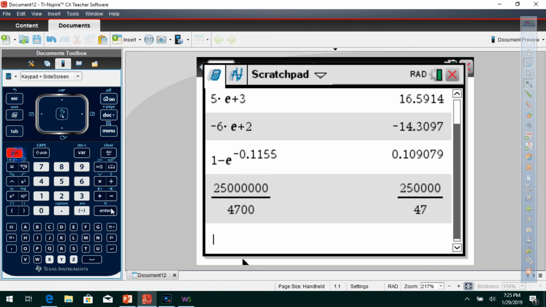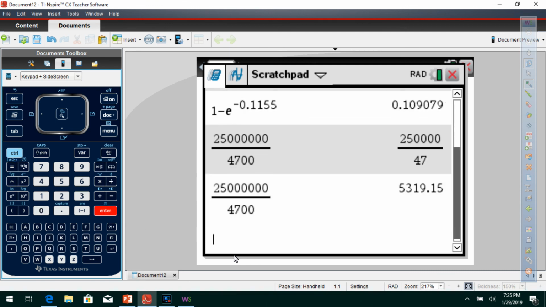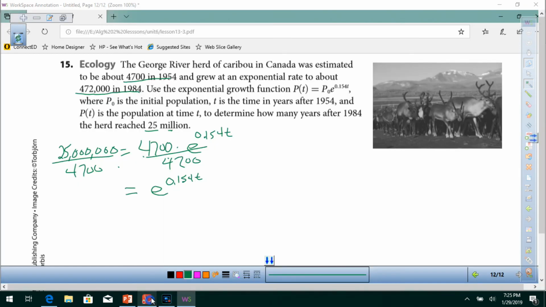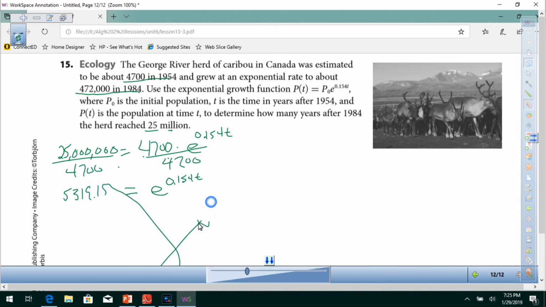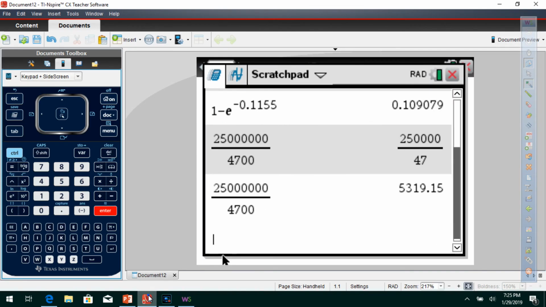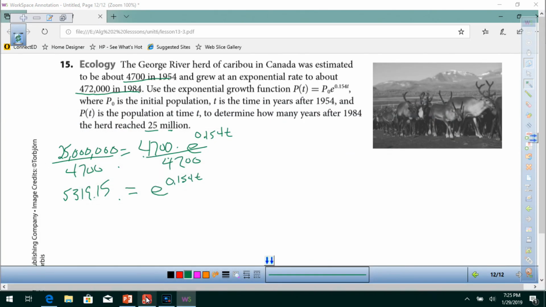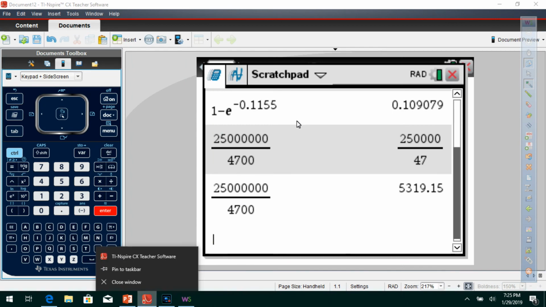Don't do that. 5319.15. I don't know what caused it to do that. Is that right? 5319. All right, good. Now let's graph it.